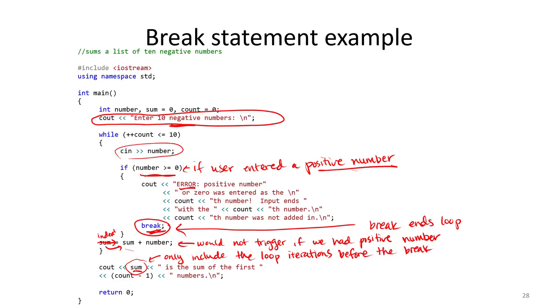So the break statement would end the loop and continue at the next point outside the loop. So we completely exit the loop in which the break was triggered, and we move to the nearest statement outside.